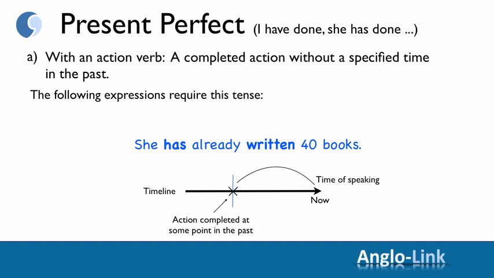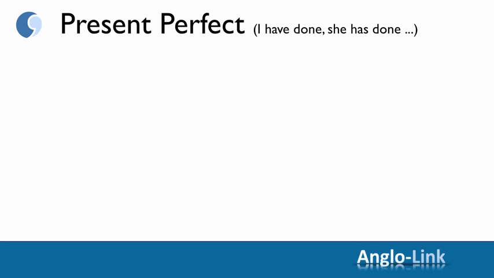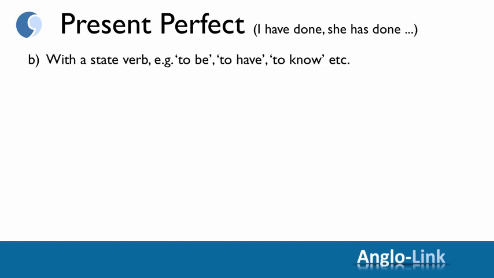Now, looking at the present perfect tense with state verbs, it's completely different. Remember that a state verb doesn't take a continuous tense. So, with a state verb, the present perfect has replaced the present perfect continuous.